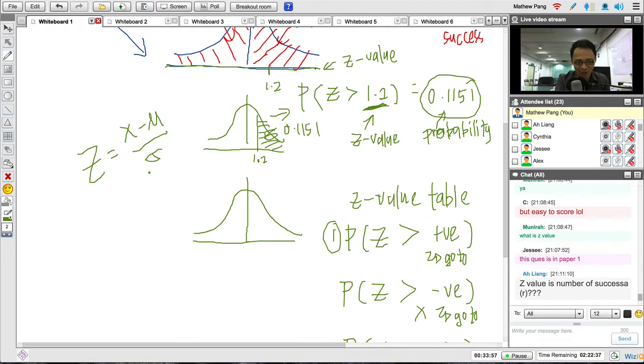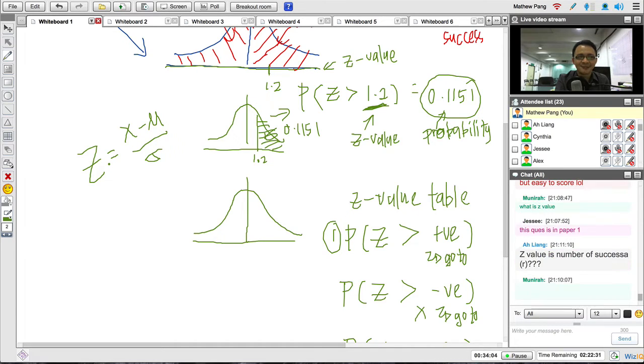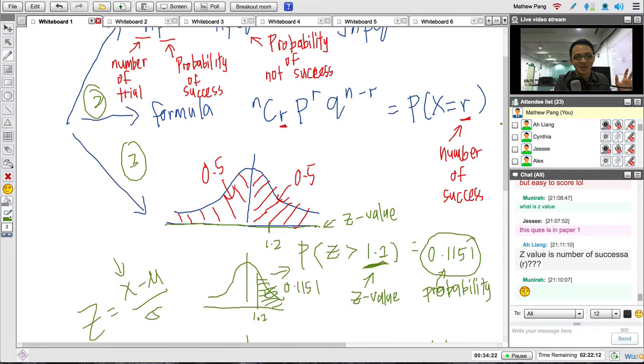This is how to change to the Z value. If I want to explain what the Z value is, X is something that relates straight away to the probability. Z is something you must get from X, then only you will get the Z value. It's fine, we move step by step. I think I just confused all the students here.